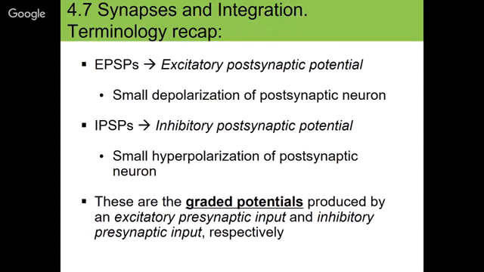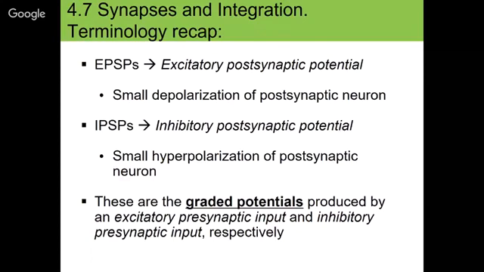And remember, these are graded potentials. And they are produced, here's some more lovely terminology for you, by excitatory presynaptic input in the case of EPSPs, and inhibitory presynaptic input in the case of IPSPs, okay?